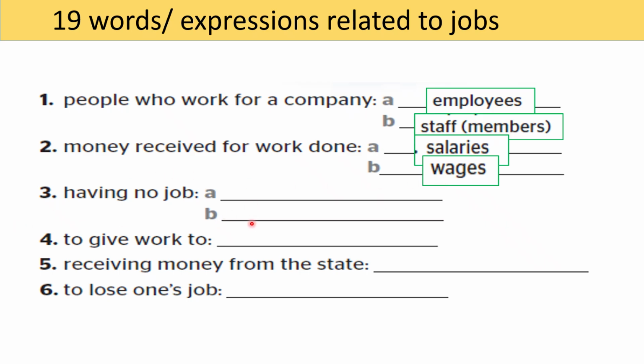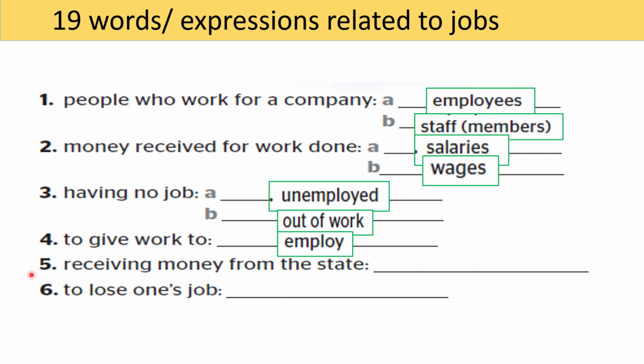Now we saw two expressions meaning having no job, which are unemployed and out of work. The next word or expression is to employ. So to employ means to give work to someone. Next, we have receiving money from the state, and that's the expression on benefits, to be on benefits.